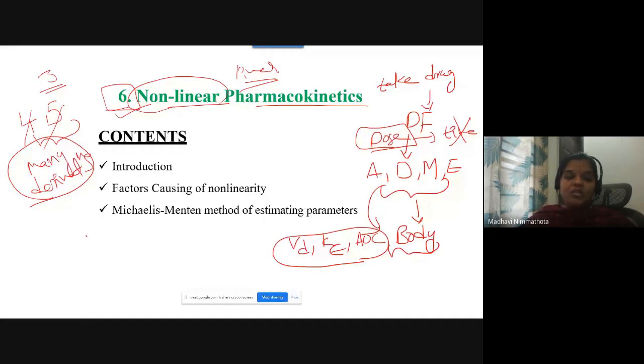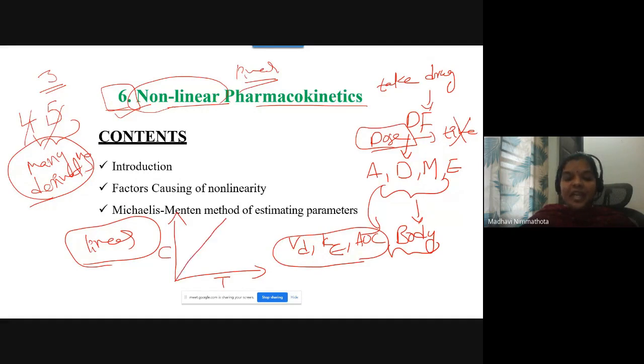For such drugs, when you plot plasma drug concentration against time, we get a linear graph like this. Either it may follow zero order or first order.